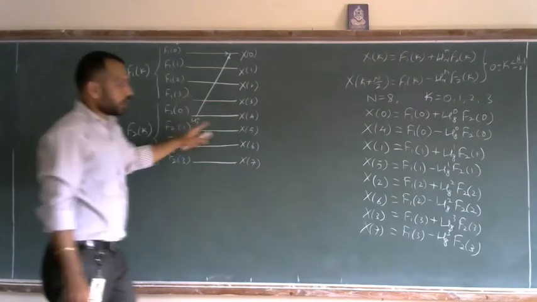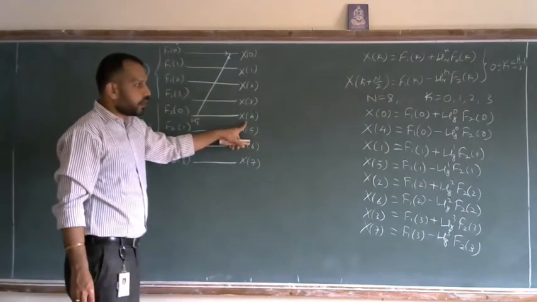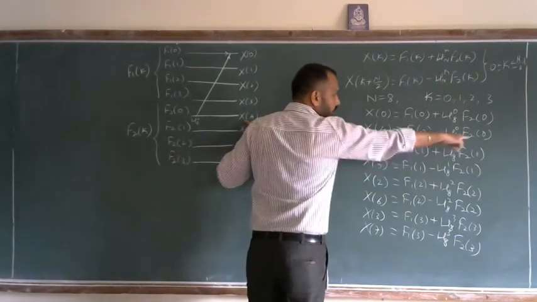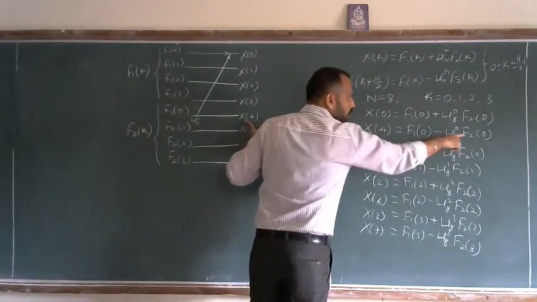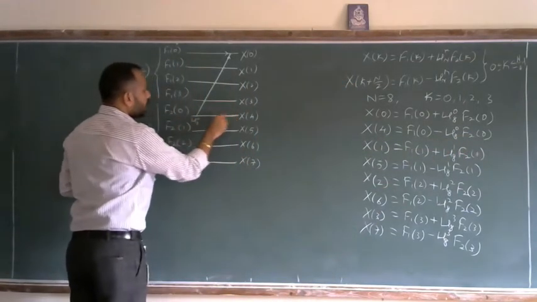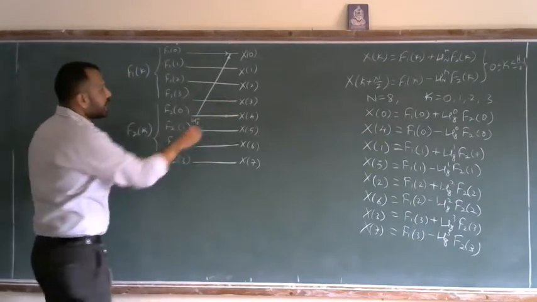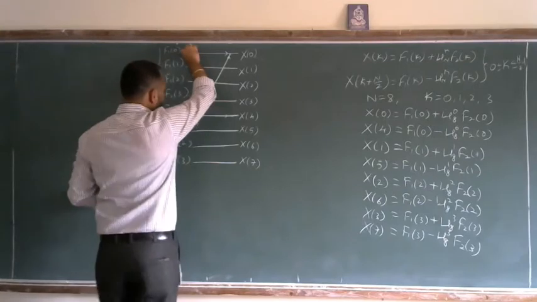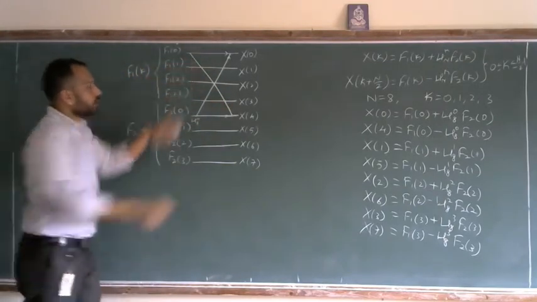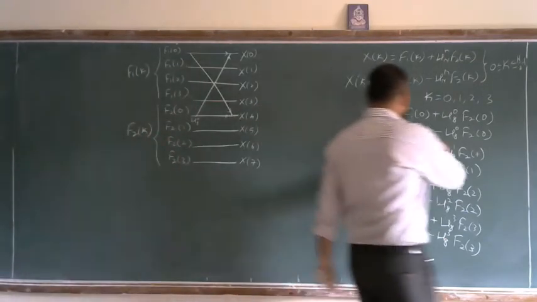Okay. Next equation is X of 4. That is this DFT point. Now to obtain this DFT point, what two DFT points are required? f1 of 0 and f2 of 0. Already the f2 of 0 point has been established here. I have drawn it previously. But I need f1 of 0 as well. So I will make a connection from f1 of 0. But what is the operation between these two?